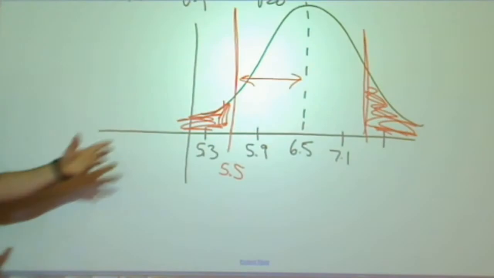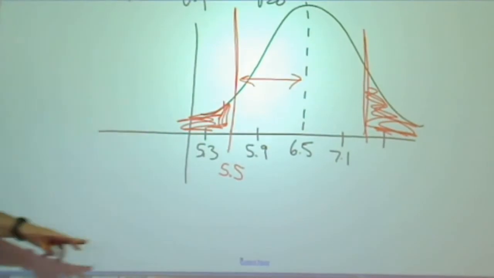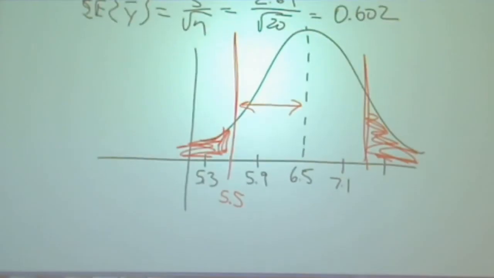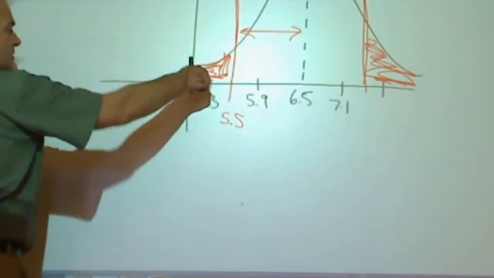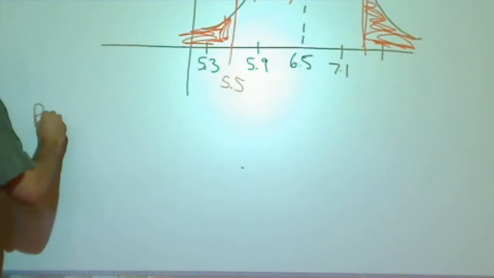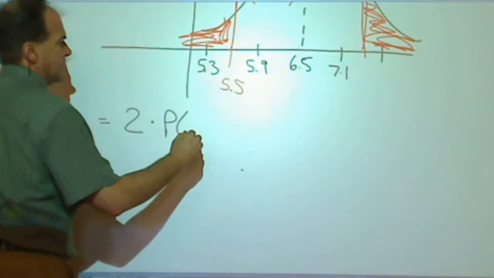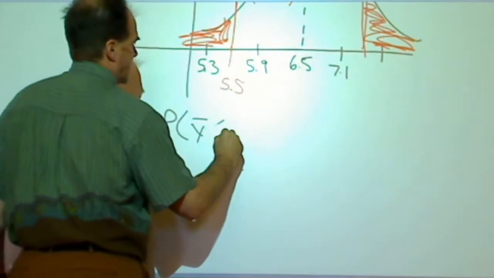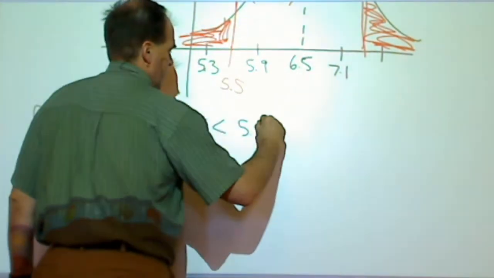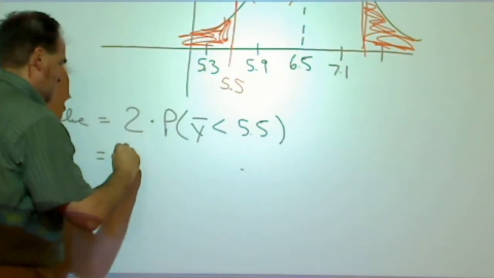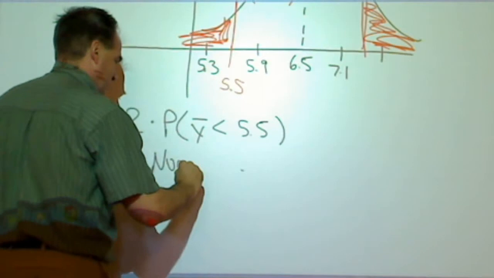Okay, so how do we get this? What do you want to do, z-value or normal CDF? CDF, okay. So our p-value is 2 times the probability that the sample is less than 5.5, because that's just this end, and then we're doubling it. So 2 times normal CDF.